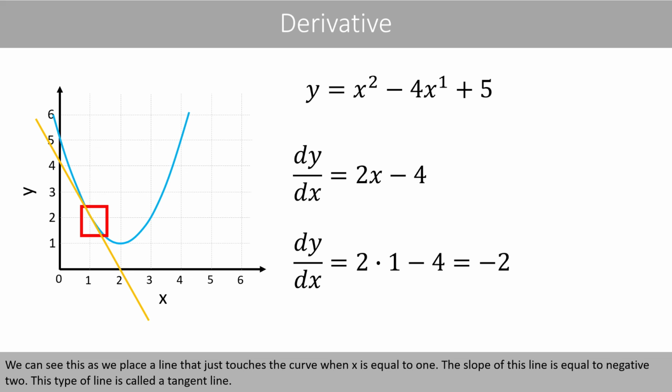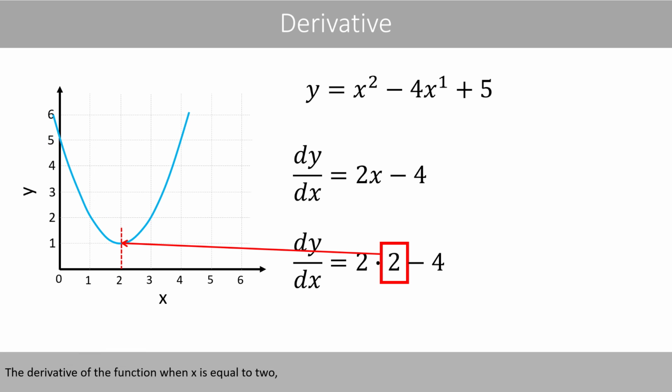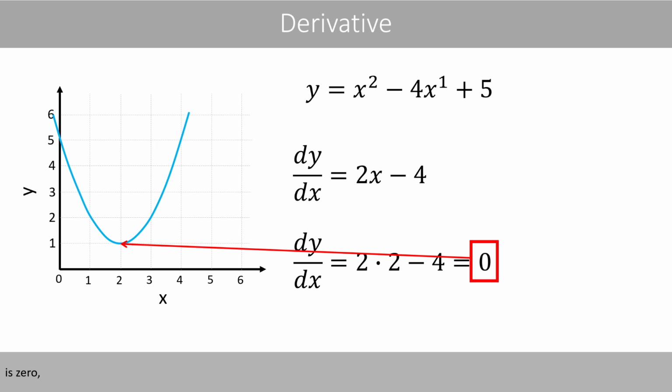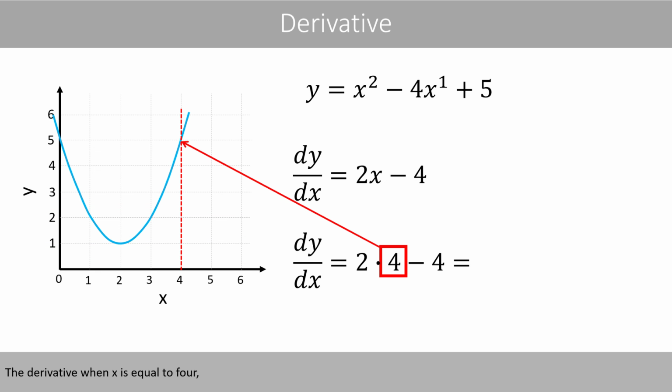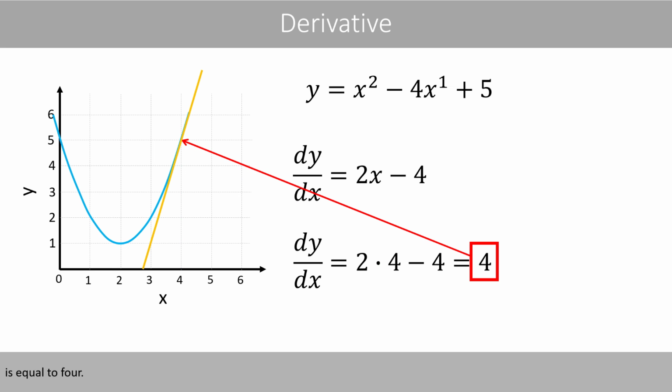The slope of this line is equal to negative 2. This type of line is called a tangent line. The derivative of the function when x is equal to 2 is 0, because the corresponding tangent line will have a slope of 0. The derivative when x is equal to 4 is equal to 4.